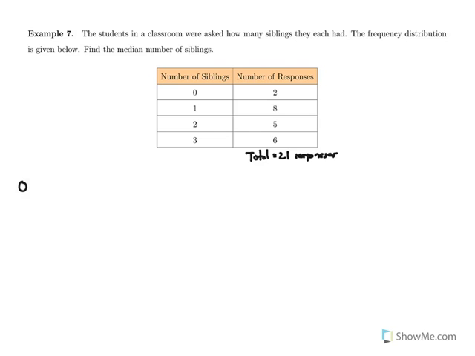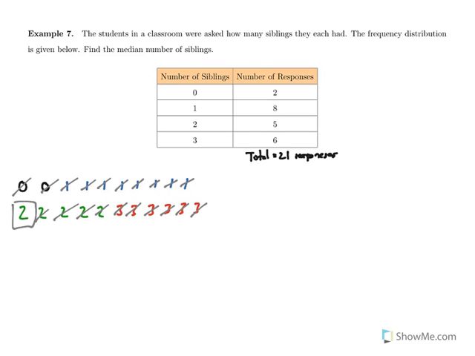We could do our 2 responses that are 0, our 8 responses that are 1, our 5 responses that are 2, our 6 responses that are 3, and we could find the median systematically by crossing a bunch of stuff out. We're left with a 2.